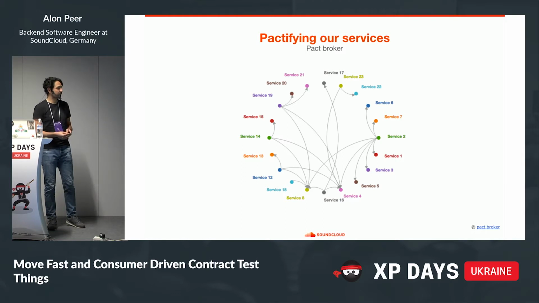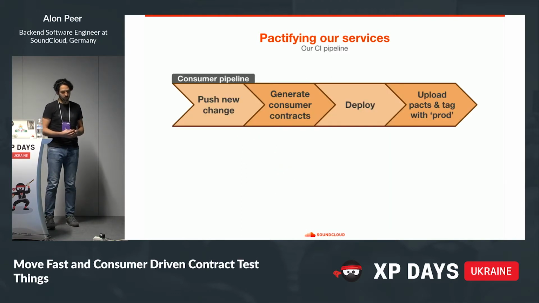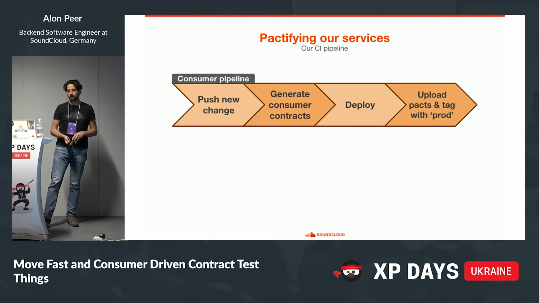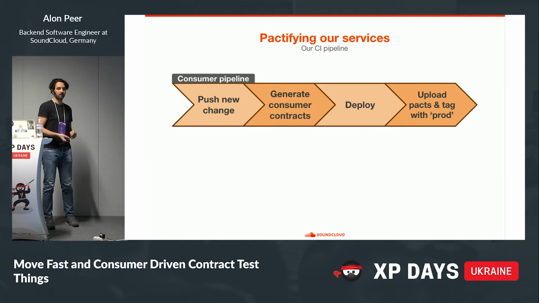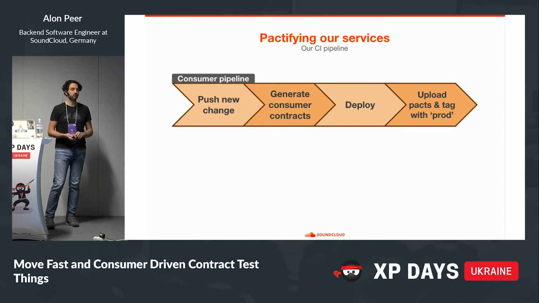So how does all this look on our CI pipeline? On the consumer pipeline, once a change is pushed, we generate all the consumer contracts by running all the unit tests. So we get all those new Pact files versioned. And once we deploy the consumer to production, we then upload all those Pacts to the Pact Broker and tag them with a production tag.